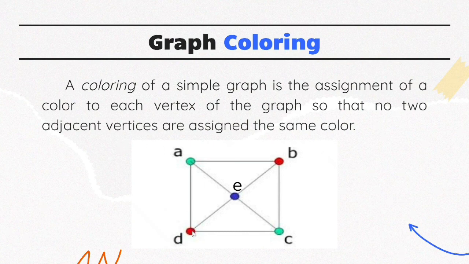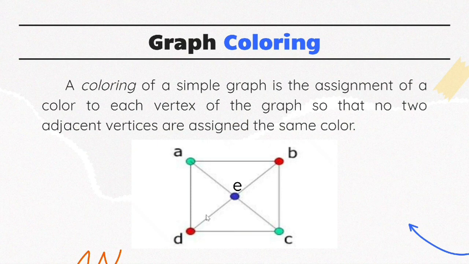As well as D. So D, E, and vertex C are not of the same color, since D is connected to vertex E, as well as vertex C and vertex A. So D, A, or E cannot be of the same color.